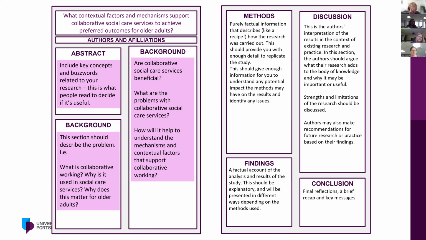I might then talk about how older adults being supported by collaborative services tend to have better healthcare outcomes. And I might go on to talk about established issues with collaborative working, such as information sharing systems or regulatory differences between organisational bodies. And then I would finish the section by explaining that understanding all of these contexts and mechanisms to support those collaborative services will help to mitigate the difficulties by identifying strategies.